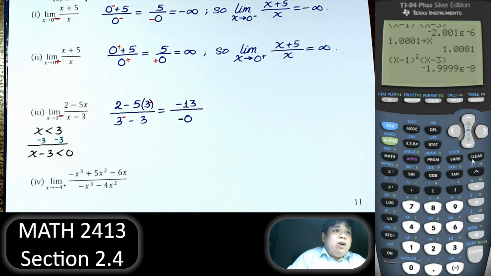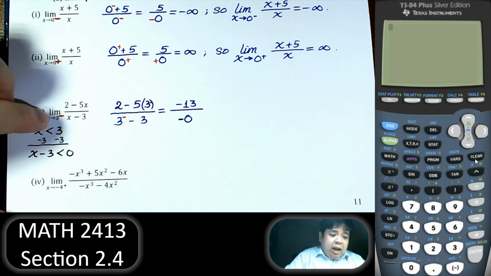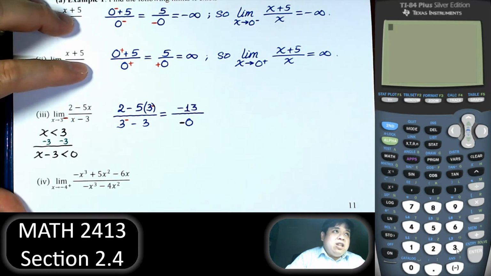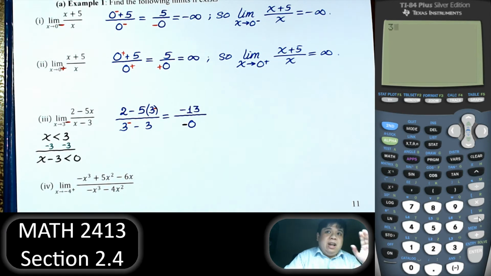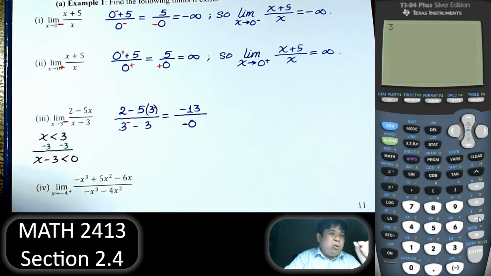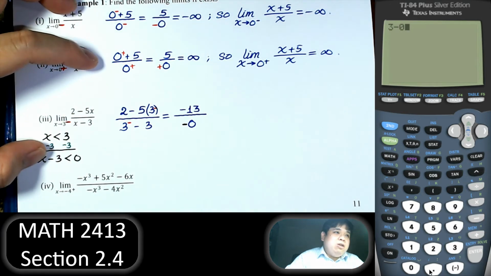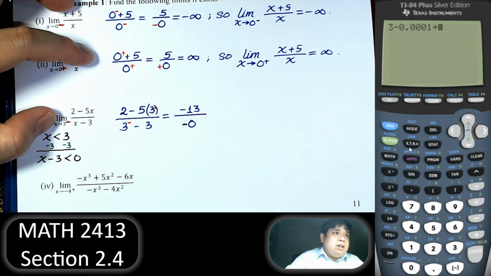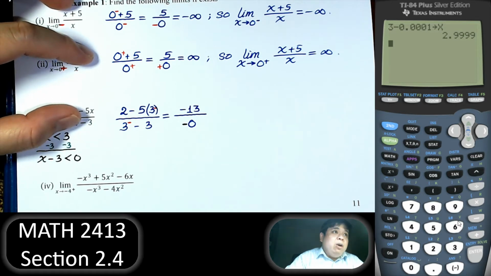Usually if we have a calculator, we say the number from the left side of 3, right? 3 with a superscript negative. I just say 3. If it is on the left side, it is a little bit less than 3. So I just subtract a very small number like that and store into x. And I will just evaluate the function.